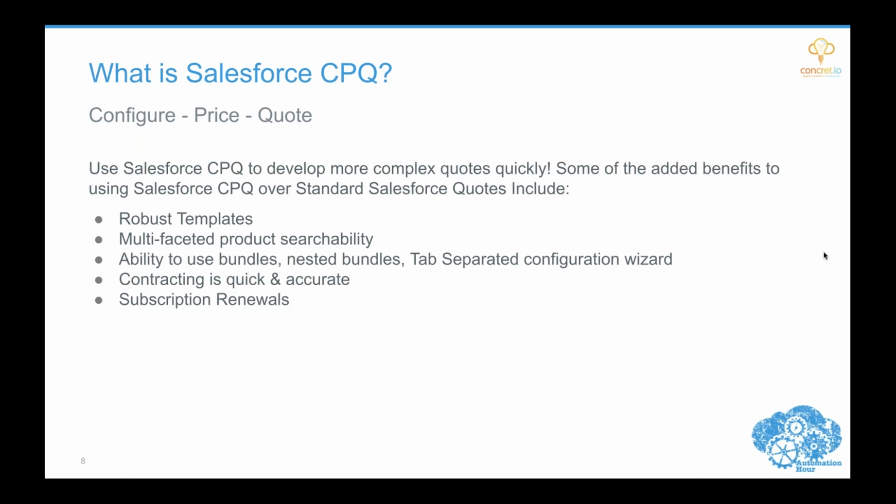But if you were to make a change at some point after the start date of the contract, but before the end date, maybe you sell an upsell or more licenses, or if you have a downgrade, all of those need to be taken into account when you renew. So at the time of renewal, CPQ contracting lets you do that. For subscription renewals, we just touched on that.